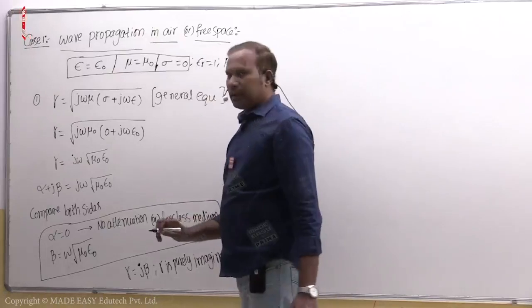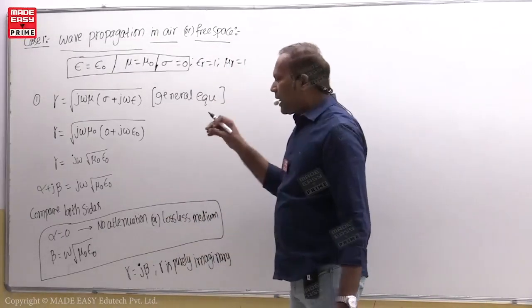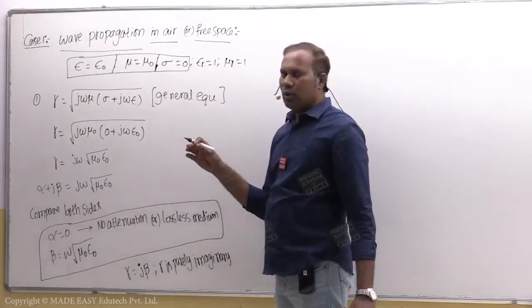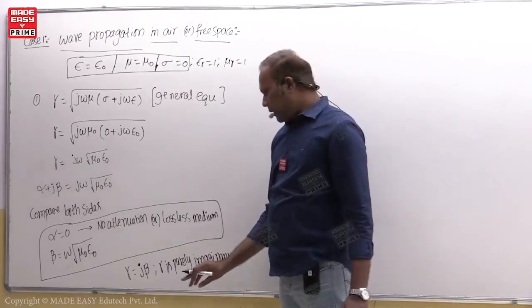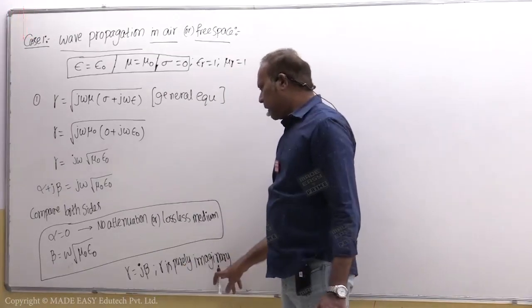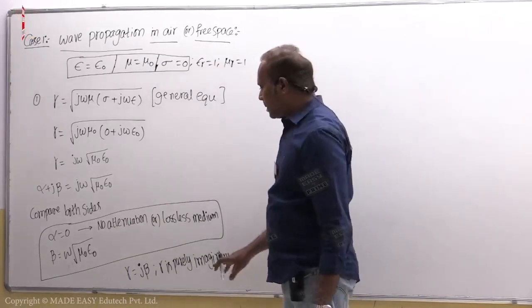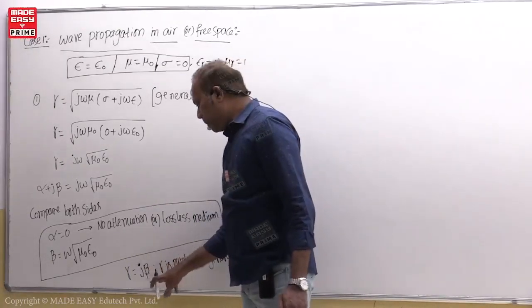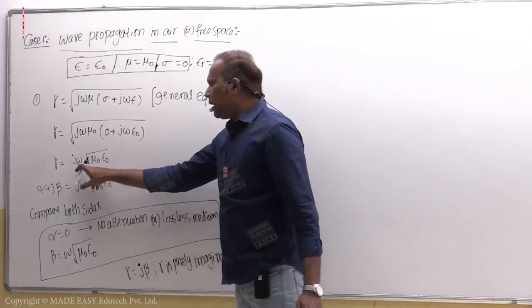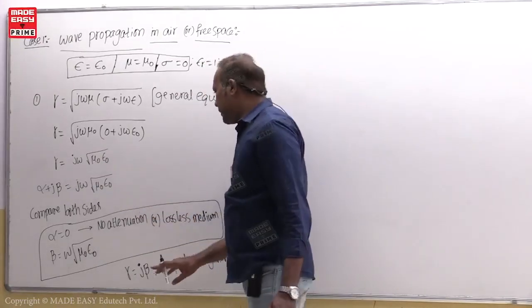You remember this point. Whenever in transmission line also, in uniform plane wave also, in waveguides also, if gamma is purely imaginary, then that is a lossless medium. You have to understand that, student. So gamma is purely imaginary. That means only beta is there. Alpha is 0.